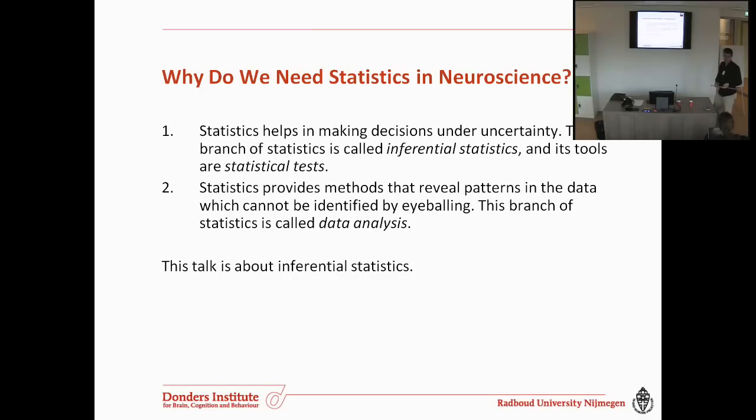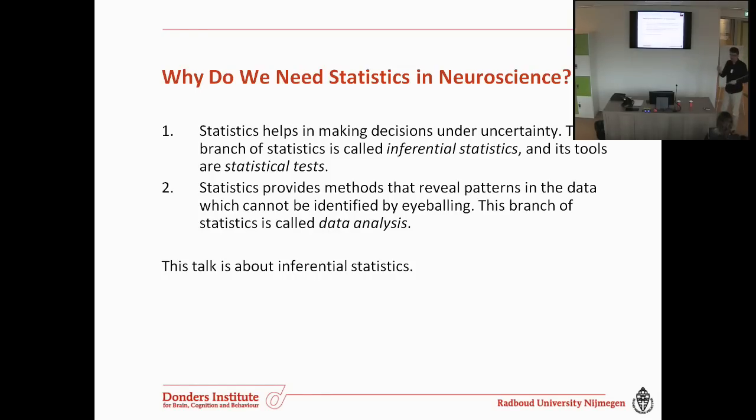They're about decision making. Now there is another branch about which I will not talk, but which most of you also know about. It's so-called data analysis. That part of statistics is used to reveal patterns in the data which you cannot identify by eyeballing. So very often we have high-dimensional data, and just by looking at these data or at summary statistics of these data, we cannot see revealing patterns in them.